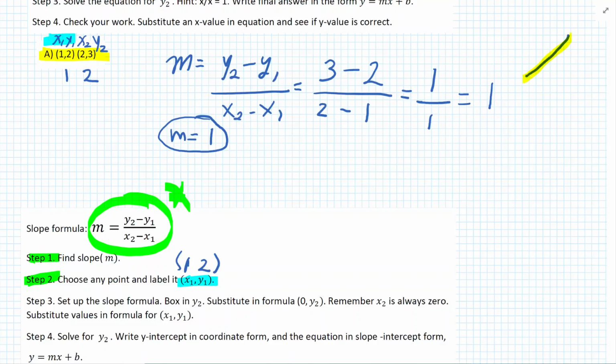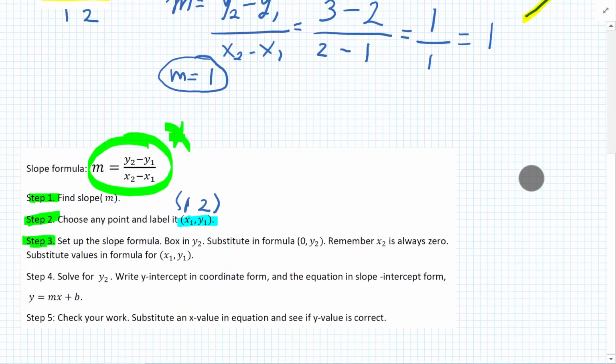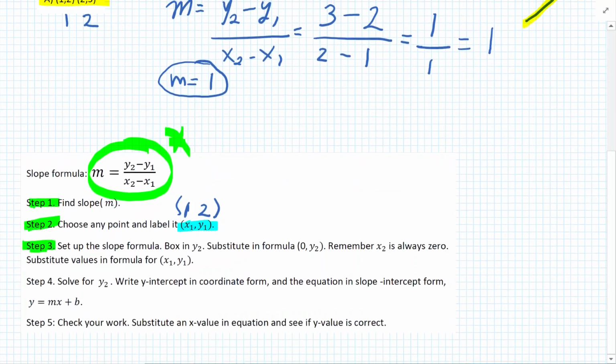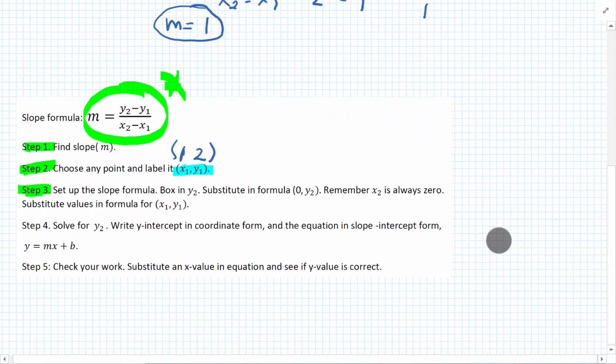Let's see what the next step is. Step 3, set up the slope formula. Box in y2, substitute in, so we're going to take this byte by byte. First thing we're going to do is set up the slope formula. So I need to write it.